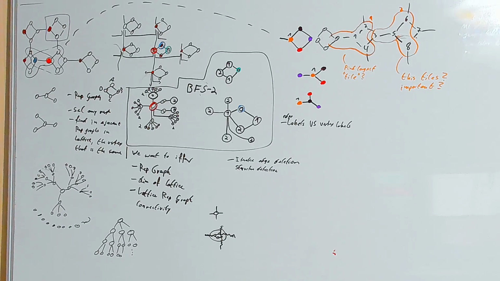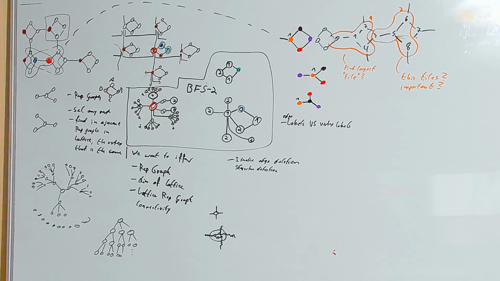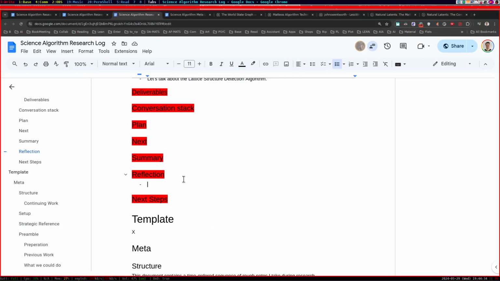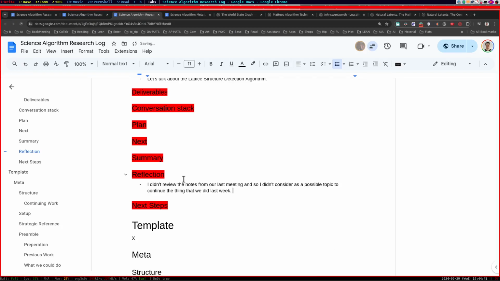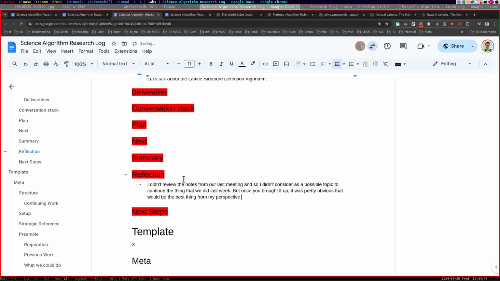One thing I did wrong is I didn't review the notes from our last meeting, and so I didn't consider as a possible topic to continue the thing that we did last week. But once you brought it up, it was pretty obvious that would be the best thing from my perspective. So a general thing is, before a meeting, always review the notes from the last meeting.